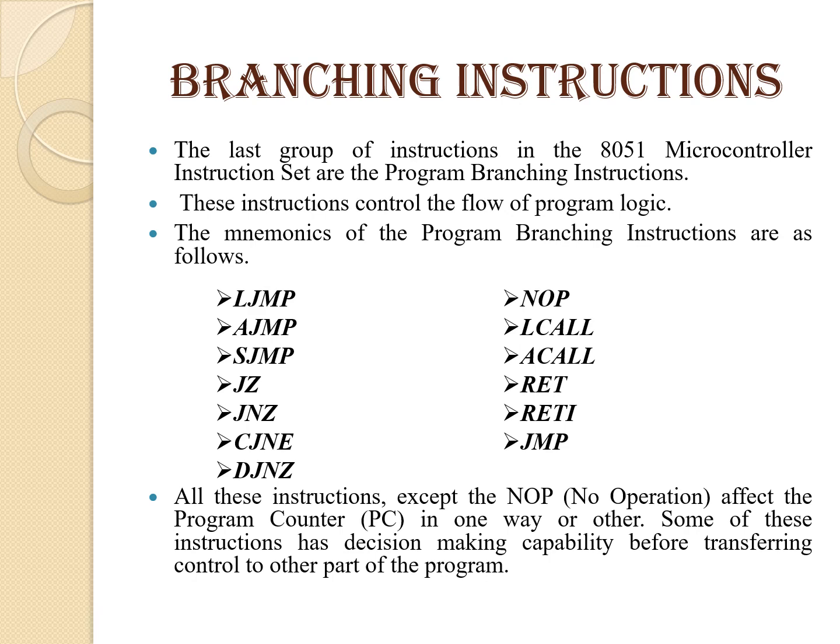These instructions control the flow of program logic. The mnemonics of the program branching instructions are as follows: LJMP, that is long jump, AJMP, that is absolute jump, SJMP, short jump, JZ, jump if 0, JNZ, jump if not 0, CJNE, compare jump if not equal, DJNZ, decrement jump if not 0, NOP, no operation, LCALL, long call, ACALL, absolute call, RET, that is return, RETI, return from interrupt, JMP, jump.